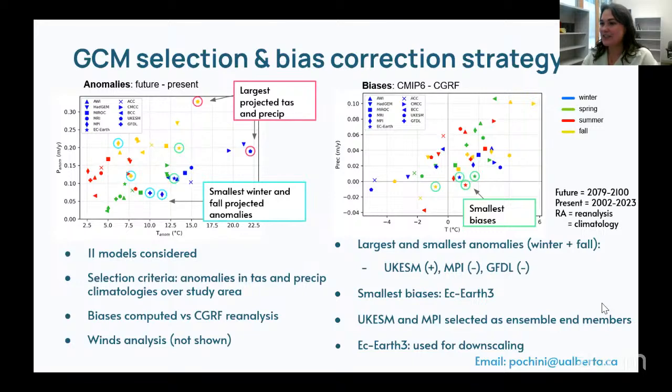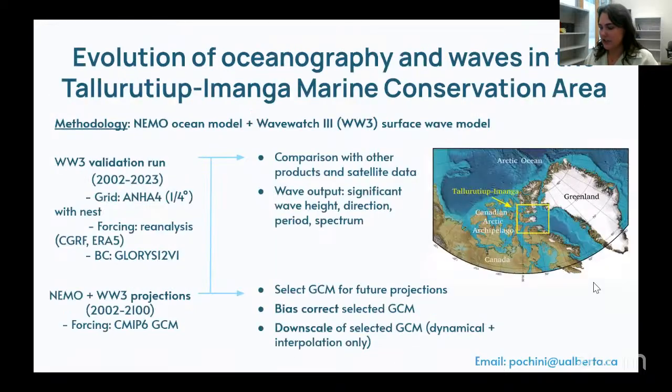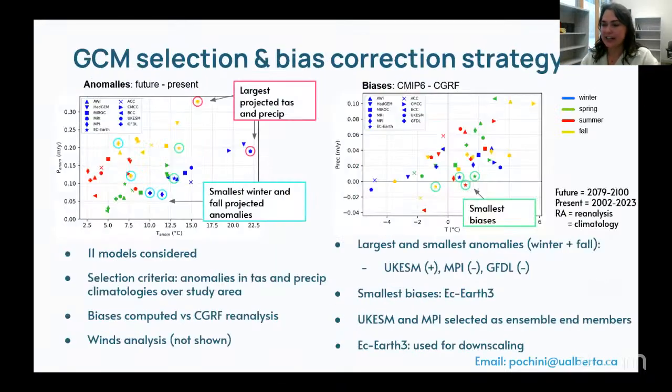So this is for looking at the marine conservation area up in the Canadian Arctic, and how we selected the GCMs that we used for the future simulations. We looked at two things. We looked at the anomalies between the future and present in temperature and precipitation, because we want a large spread of possible future scenarios.